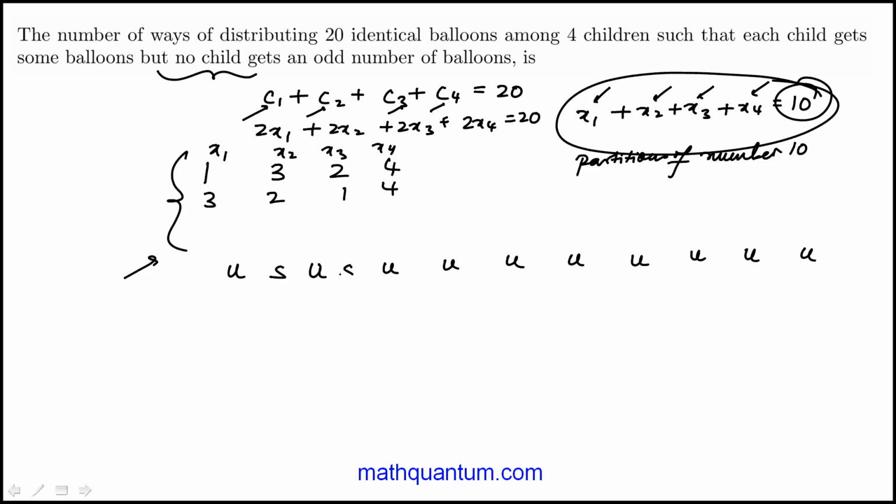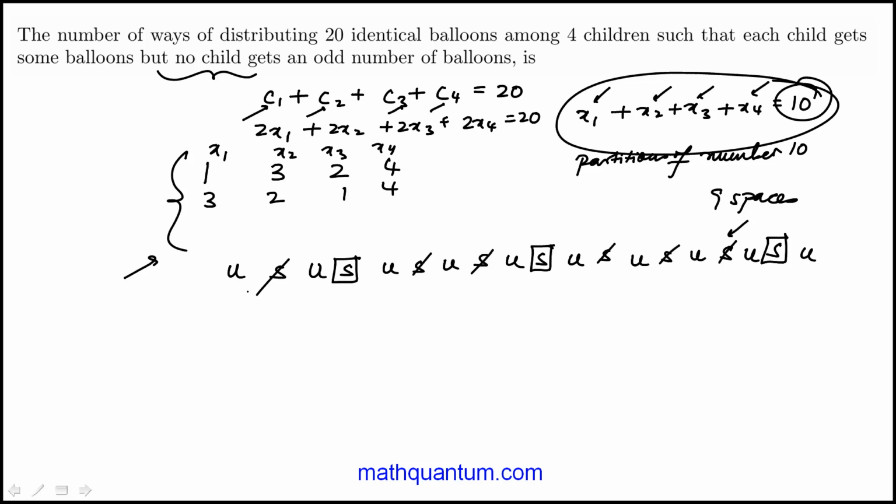And then I'm going to put a space. This letter S represents the space. And I'll have 9 of these spaces. Now imagine that I select 3 of these spaces. Could be this, that, and that. And then I get rid of all the remaining spaces.